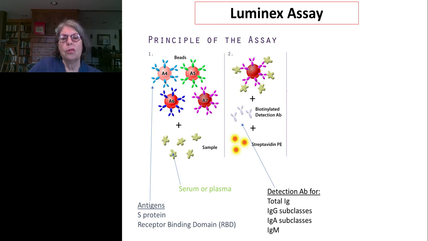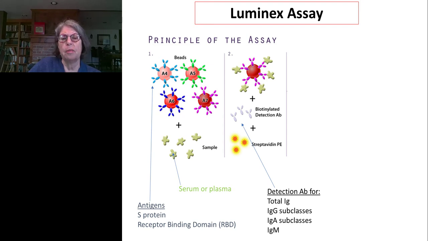And then we use a biotinylated detection antibody, which we call a secondary antibody. In this case, it would be one of a number of different types of anti-immunoglobulins. So a secondary antibody that binds all immunoglobulins, or one, for instance, that only binds to IgM or only binds to IgA, et cetera.